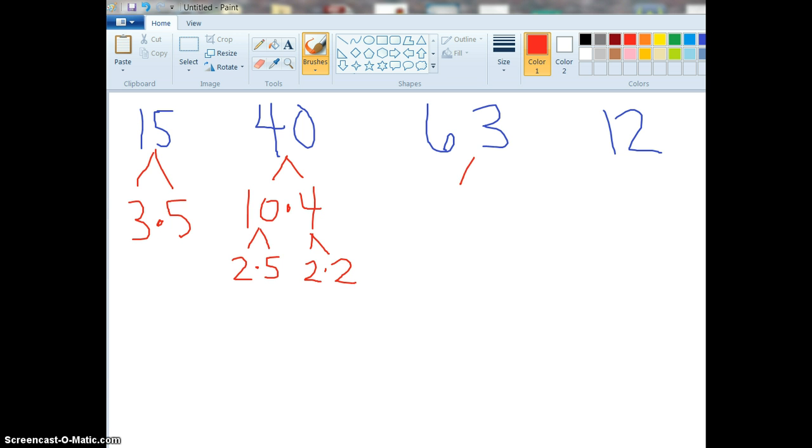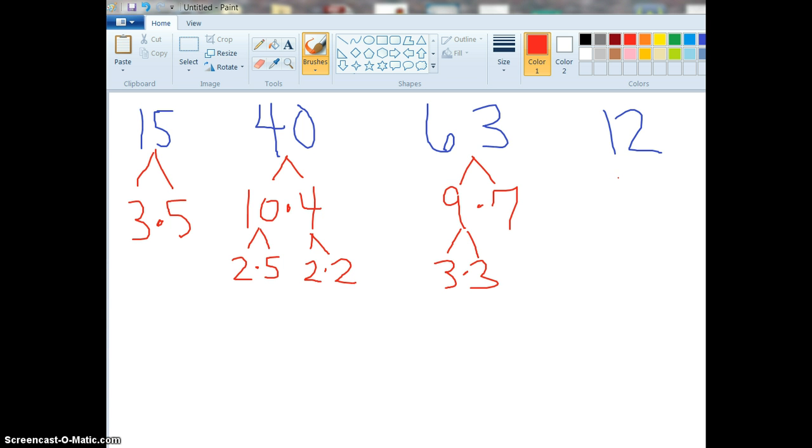Next, 63 we can break down using 9 times 7, and then 9, break it down as 3 times 3.